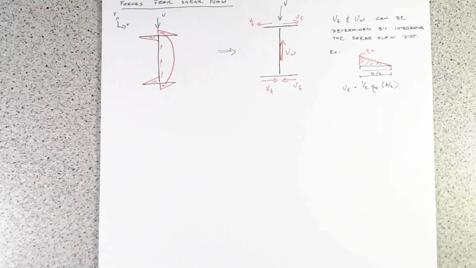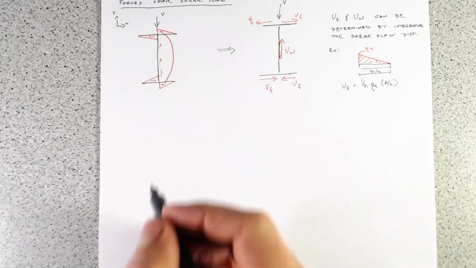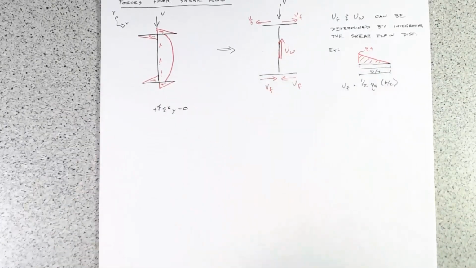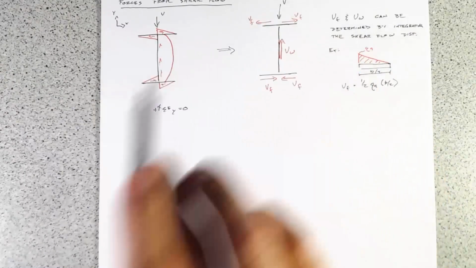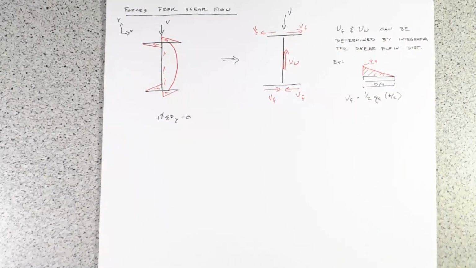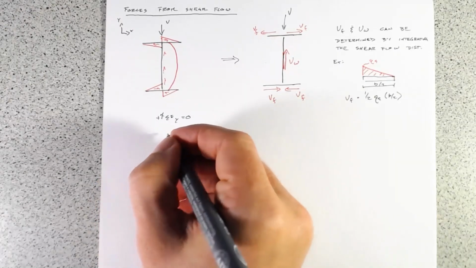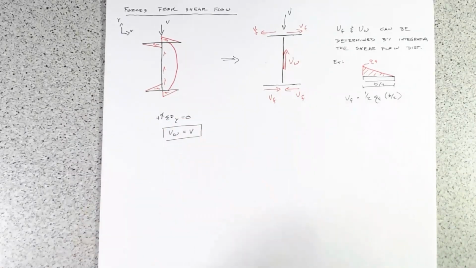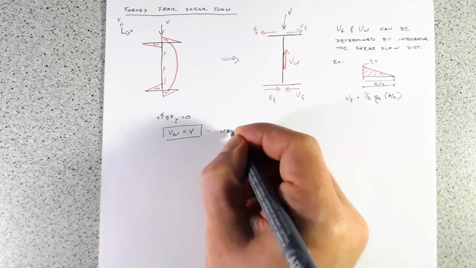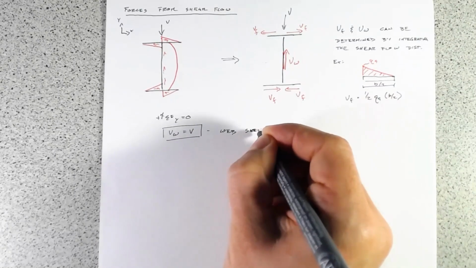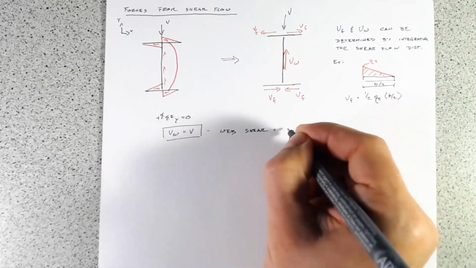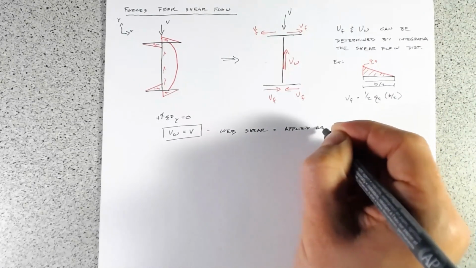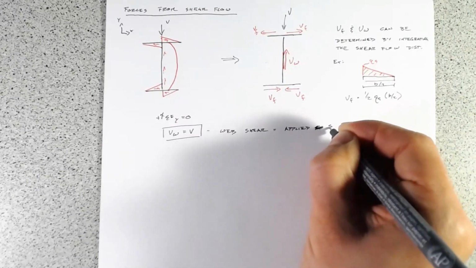So let's just start by summing the forces in the vertical. Sum of the forces in the Y, we can see that the applied load is going to have to equal the shear in the web. So V sub W equals V. Web shear equals the applied shear.